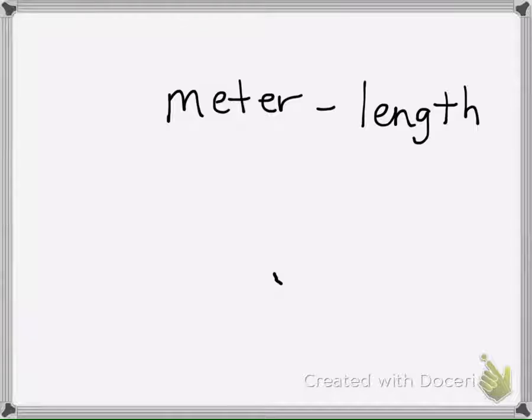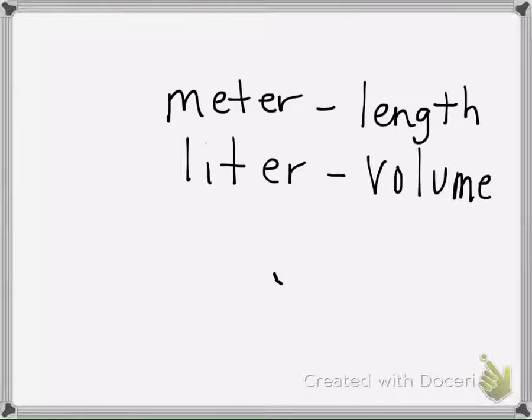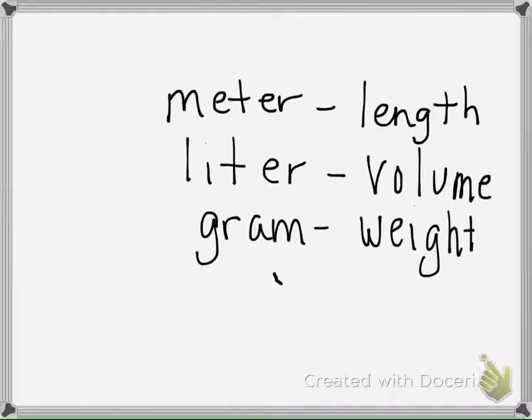If it's liter, that measures volume or liquid. And if it's grams, that measures weight. So you need to make sure you understand the difference between these 3 terms: meter, liter, and gram.